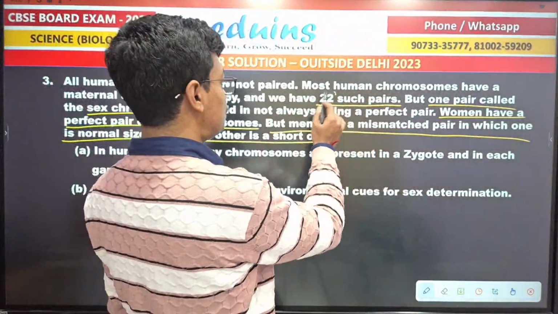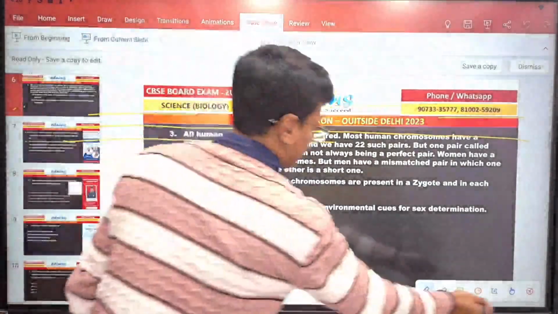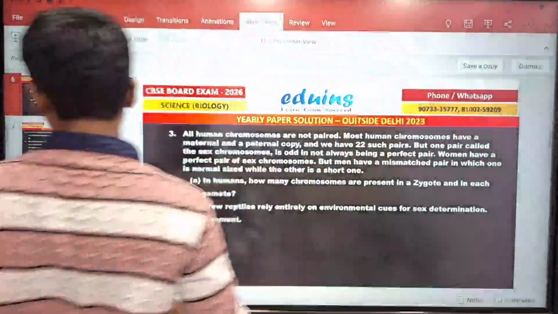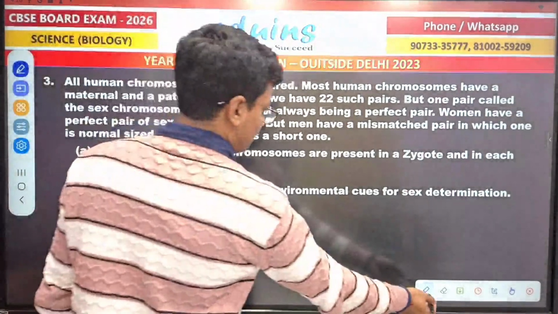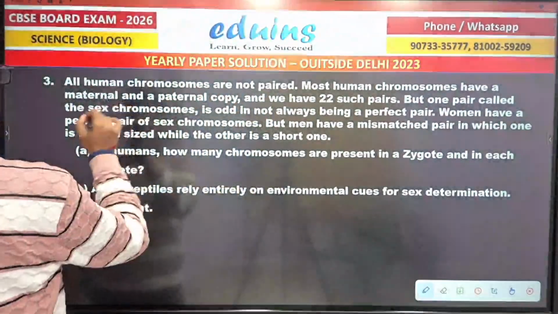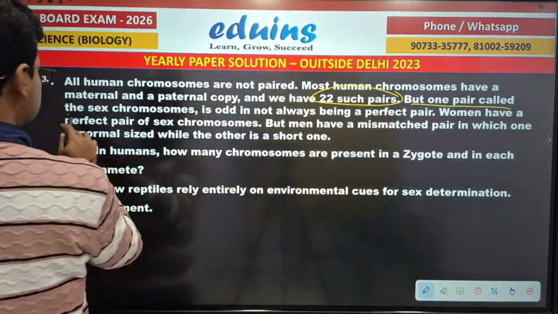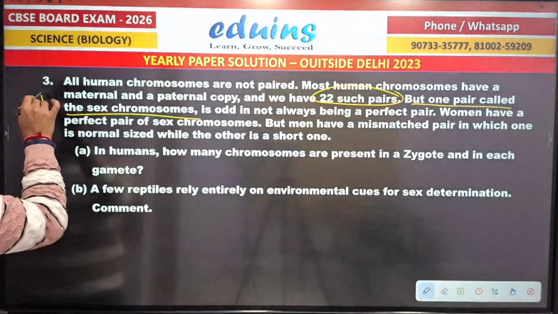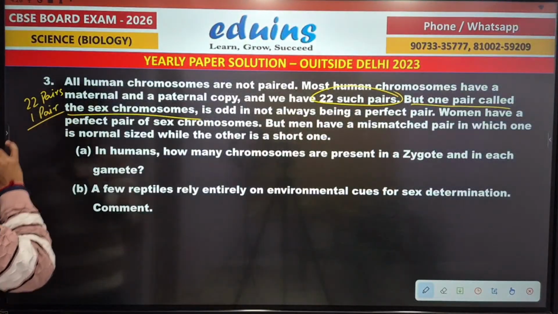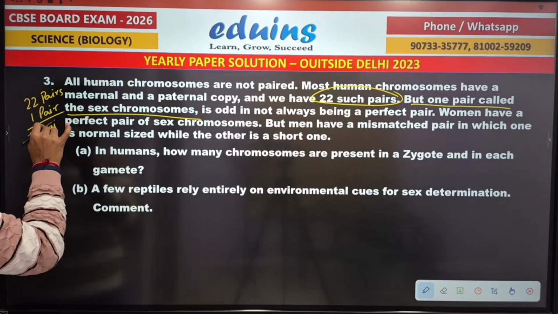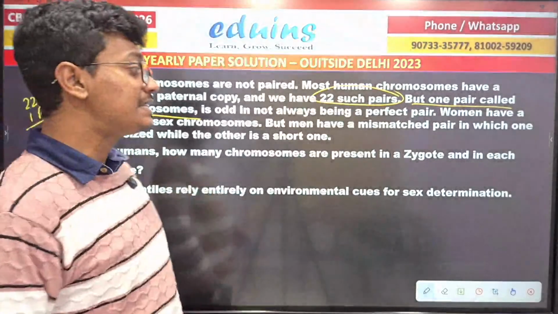That is 22 pairs first, and second, one pair called the sex chromosome. Total 23 pairs.